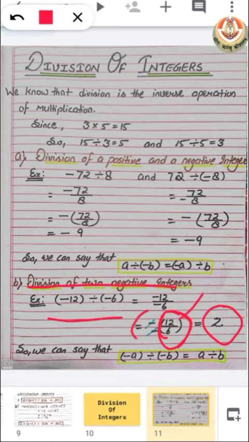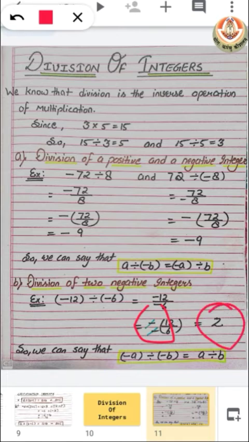Now what about negative sign? See, both the negative sign cancel out to each other. You can easily see here they cancel out with each other and we get a positive integer answer for the division of two negative integers.